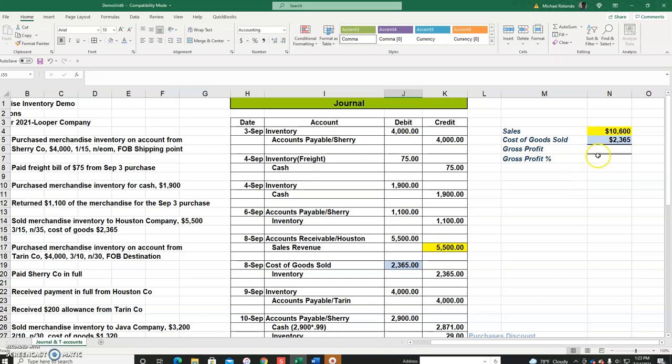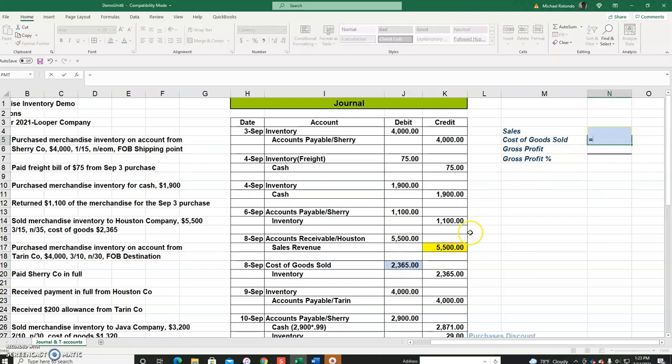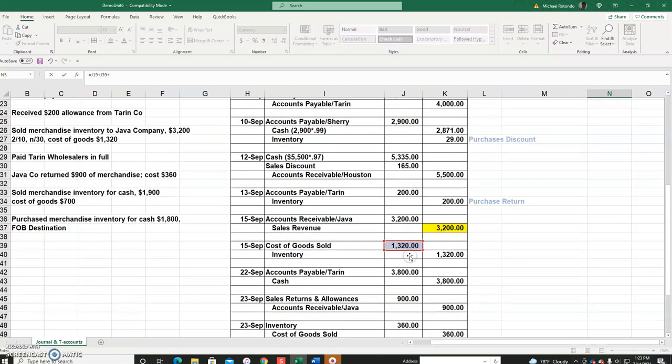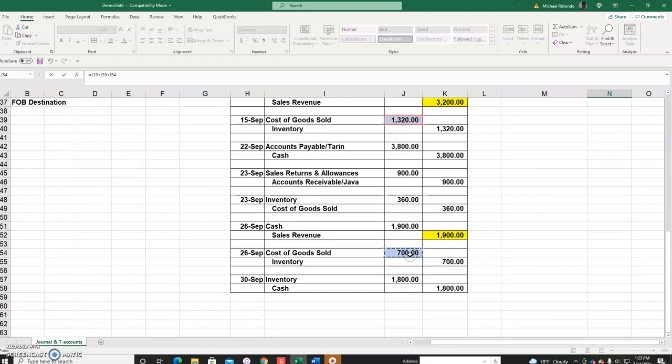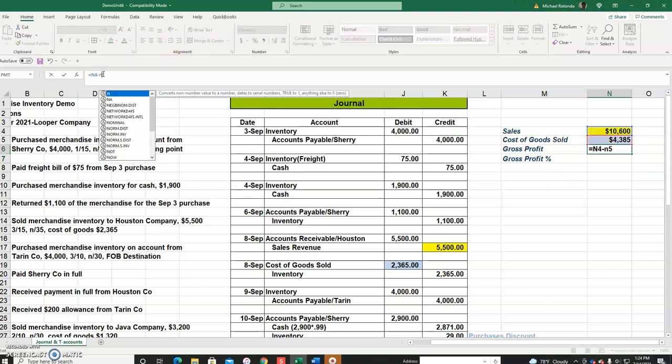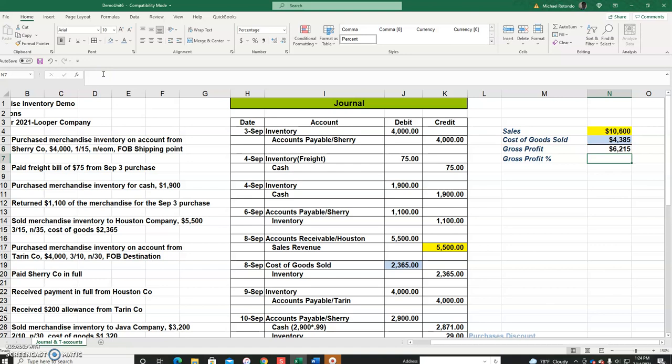Okay, so our gross profit, which is sales minus cost of goods sold, is $62.15.